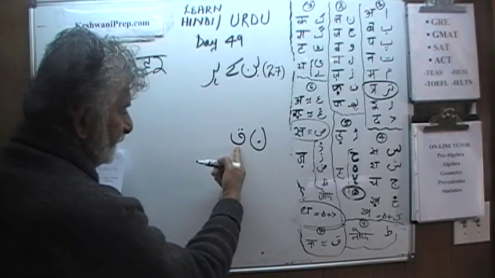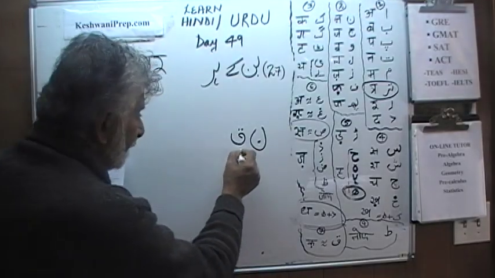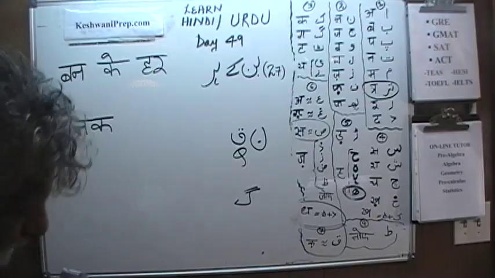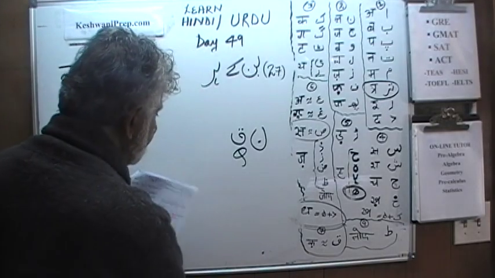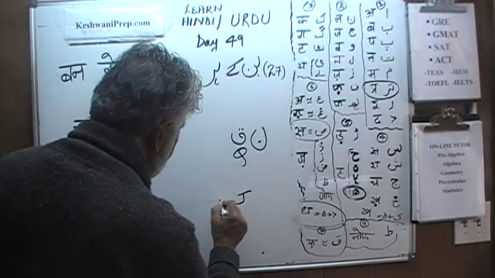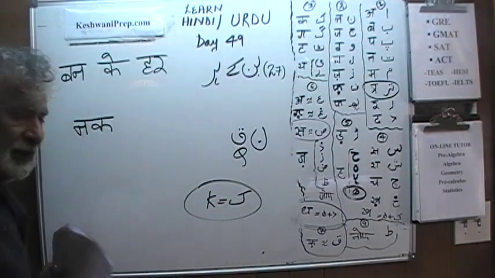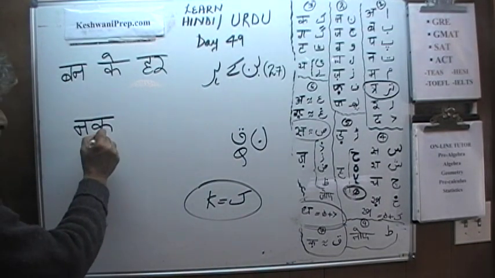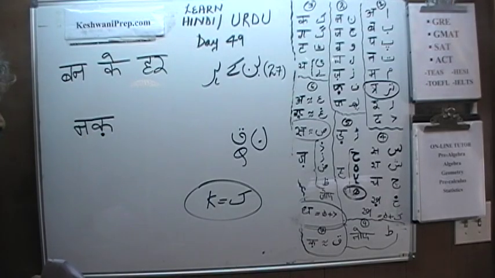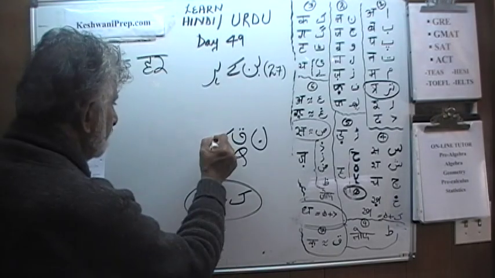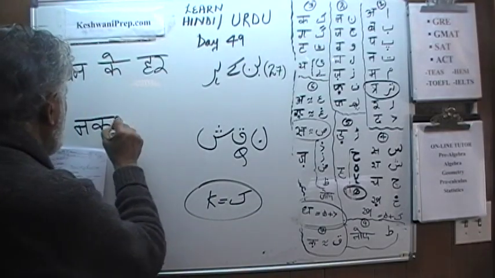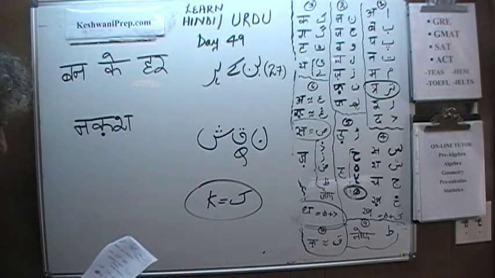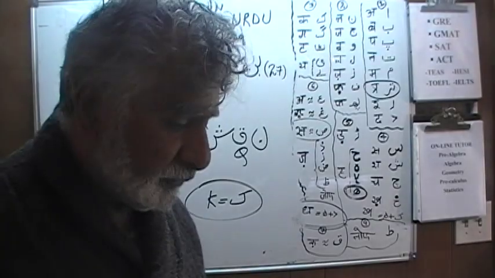But as you can see, this kaf is a Q. We're not looking for a kaf K, we're looking for a Q. That's a K. So we put a dot underneath to convert K into a Q. Naqsh. Do you know what that means?